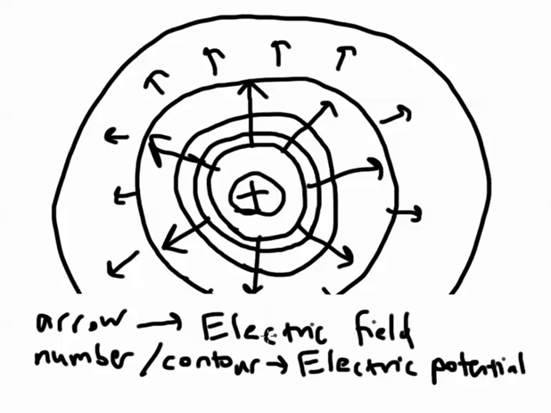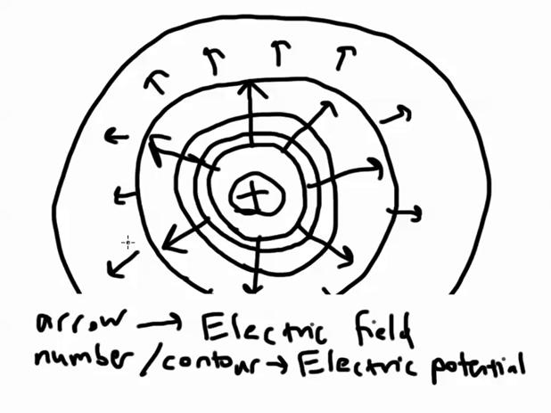So this connection between the electric field and the electric potential is just the connection between arrow maps and number maps that we've been talking about. So the close together potential lines represent the strong electric field, and the far apart potential lines represent a weaker electric field.